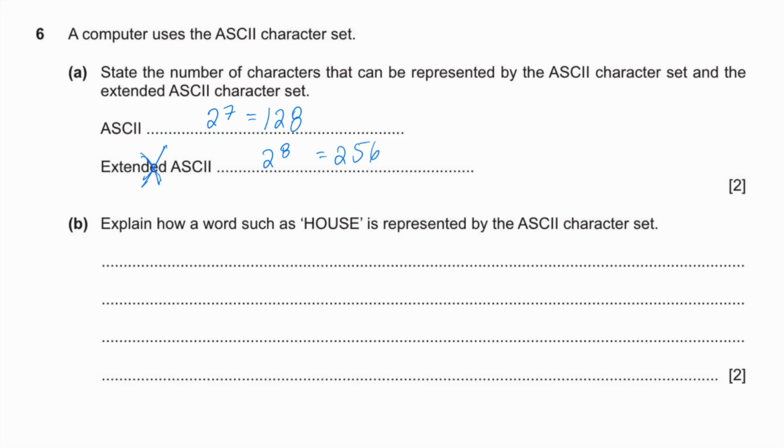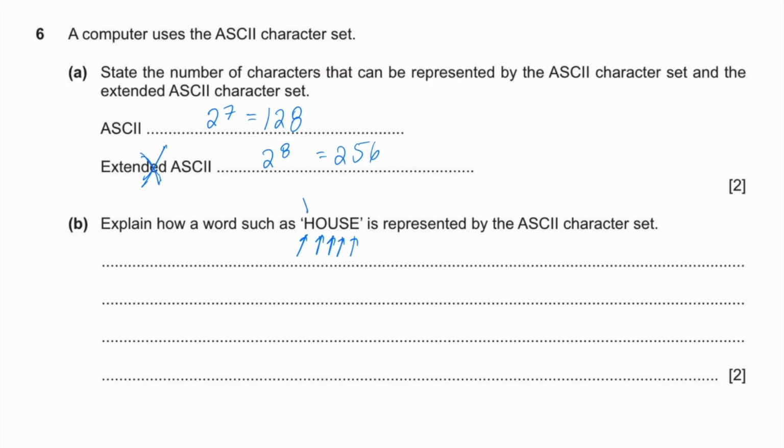So explain how a word such as house is represented by the ASCII character set. Basically, in order to represent house, we would find the bit combination that corresponds to each one of these characters, and then put those 8 bits for each character in order.